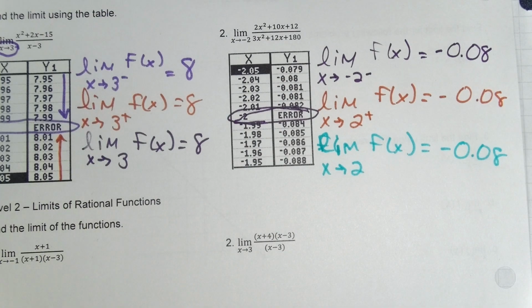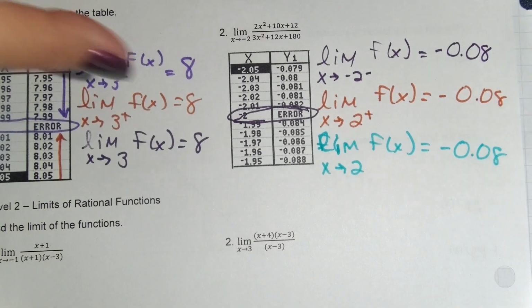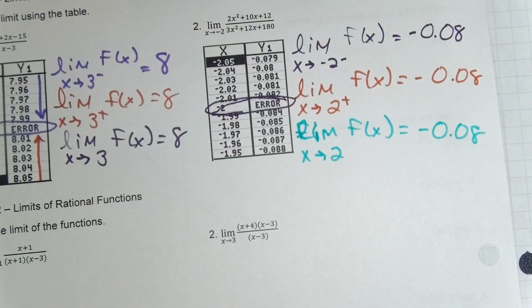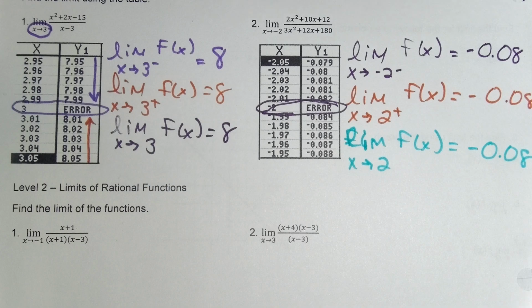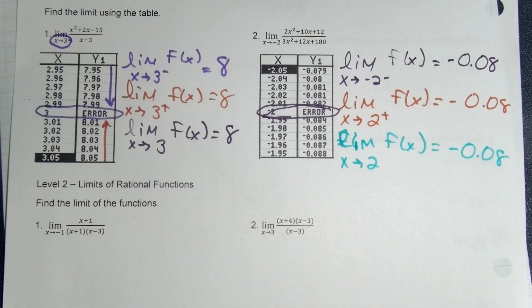Okay, let's go back to our notes. I'm sorry, are there any questions on this? Are we sure? Because a lot of you didn't even start. Do we know how to start it off? How do we start it off, Brian? Okay, we look for the middle. We look for the value.